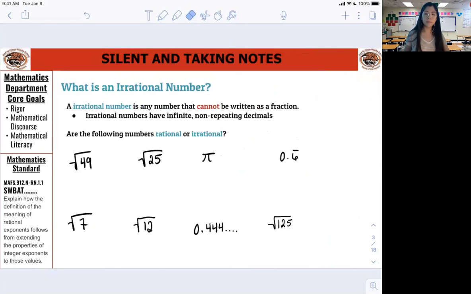An irrational number is any number that cannot be written as a fraction. An irrational number has an infinite non-repeating decimal. Awesome, perfect. So go ahead and write down that definition as well as the examples in here.